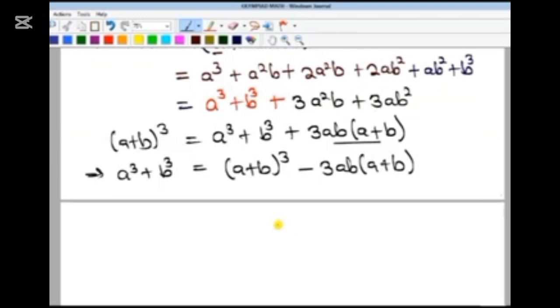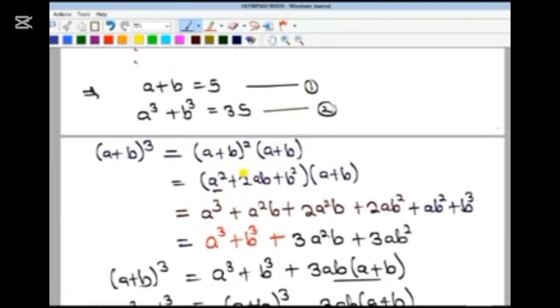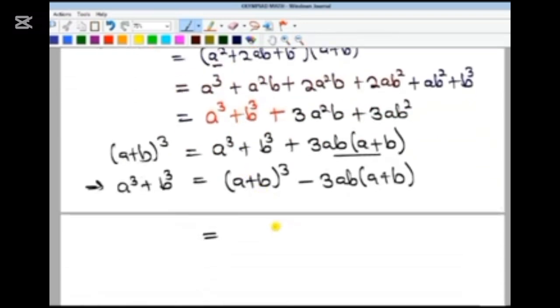And from here, I actually have the value of my a plus b. Remember what I said? We can put equation 1 into equation 2. So I can substitute. My a plus b is 5. So I have 5 cubed minus 3ab multiplied by 5 also.